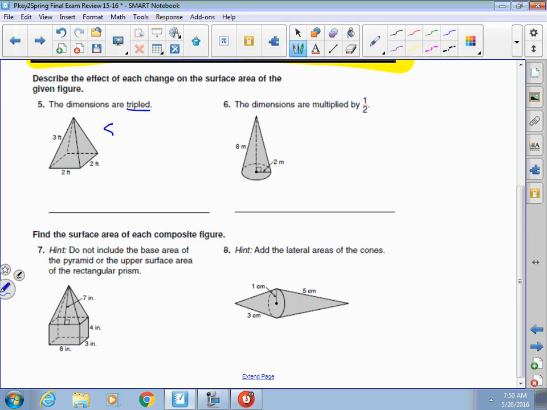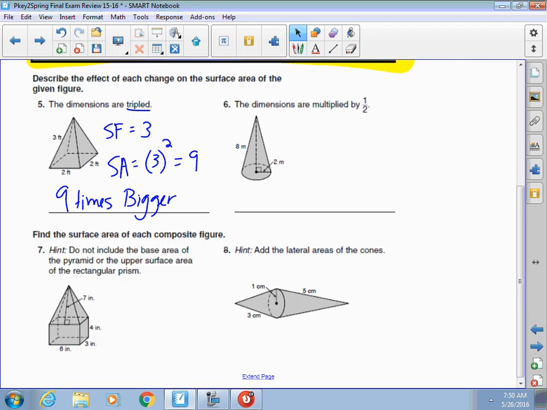Triple would be our scale factor. So our scale factor is 3. So for surface area, you take that scale factor and you square it. So it's 9. So it would be 9 times bigger. We will multiply it by 9. So make sure you know you're using the correct scale factor. That is that section. And that takes care of surface area.